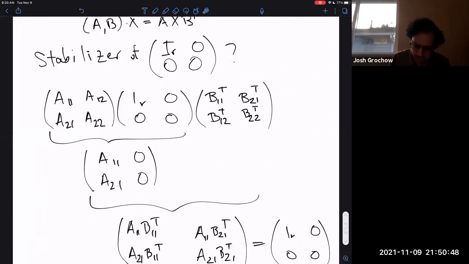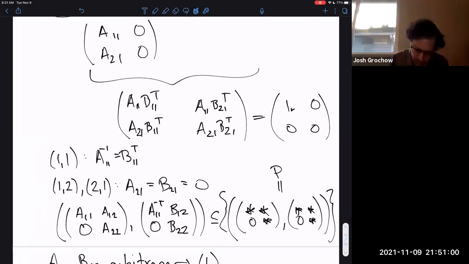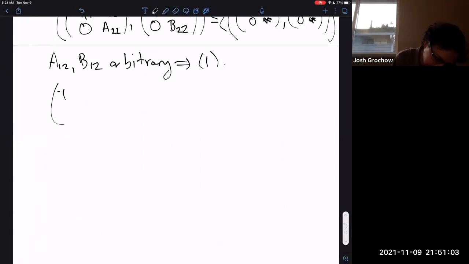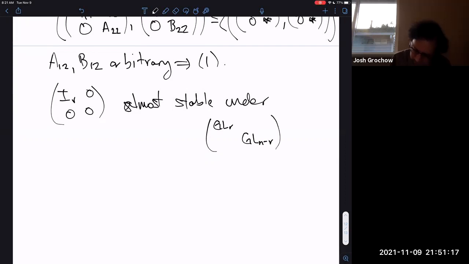Well, if I look at the action of GL_r cross GL_{n-r}, it's almost stable, except I can drive it to 0 in a silly way. So (I_r, 0, 0) is almost stable under the Levi subgroup, which looks like GL_r, GL_{n-r}.